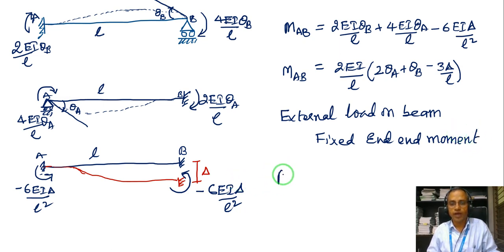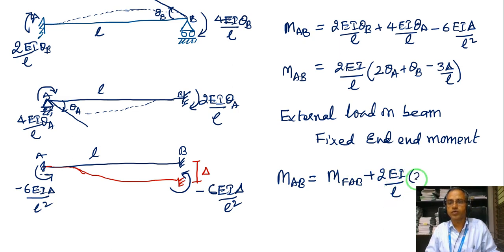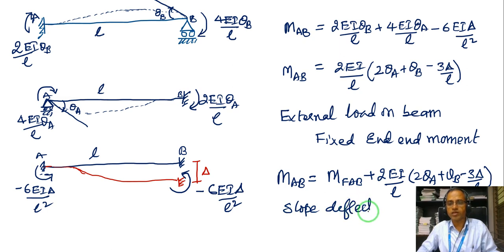So then the final moment at AB is equal to MFAB plus 2EI by L times 2 theta A plus theta B minus 3 delta by L. So this is the slope deflection equation.